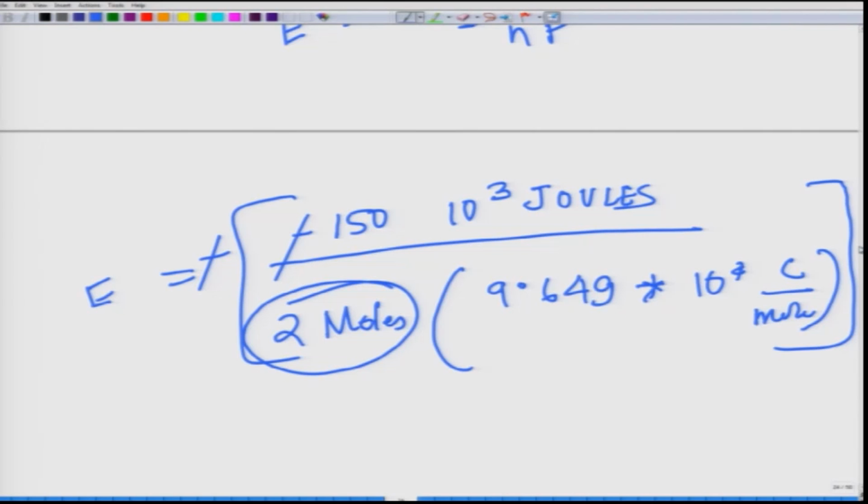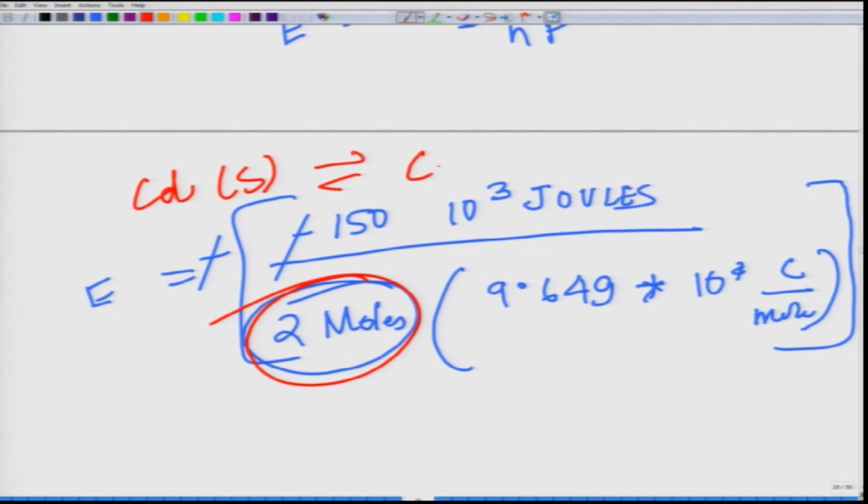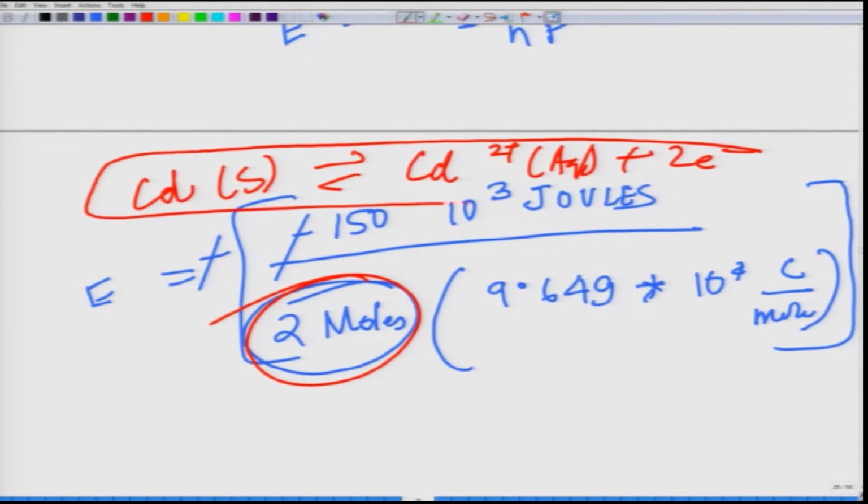So the 2 moles you see should not confuse you. You should always remember the first reaction you saw: Cd solid becoming Cd 2 plus aqueous plus 2 electrons. This is the reaction which governs this whole flow of electrons.